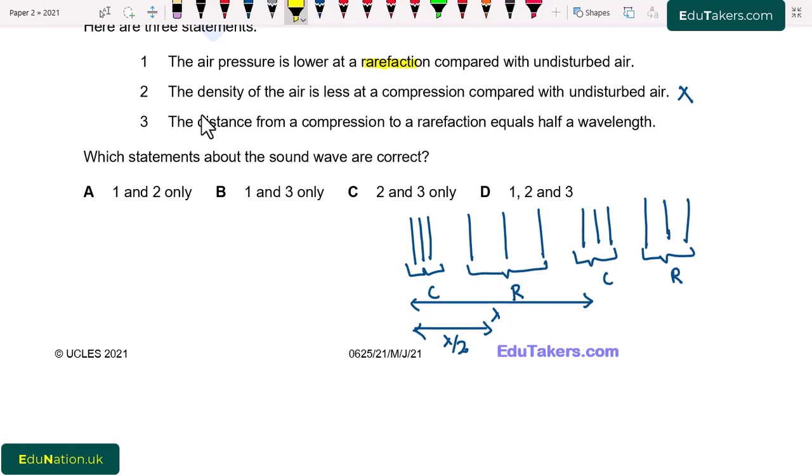A. 1 and 2 only. B. 1 and 3 only. So here the first is also correct and the third is also correct. So 1 and 3 only, which is option B.